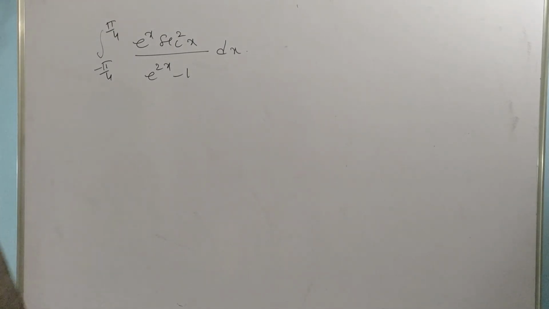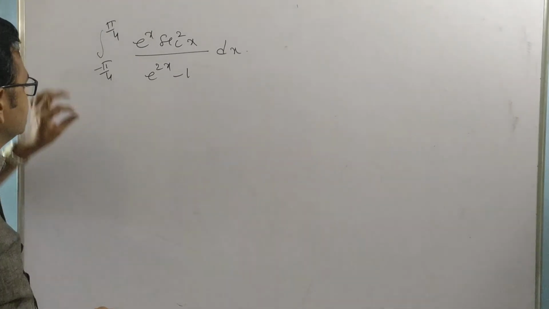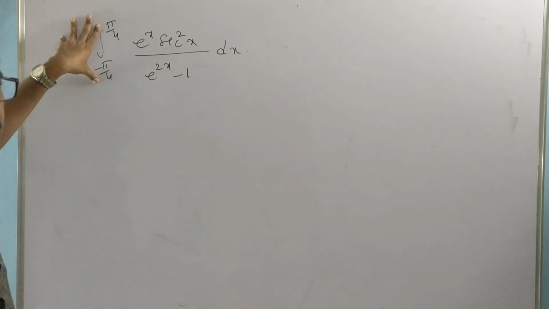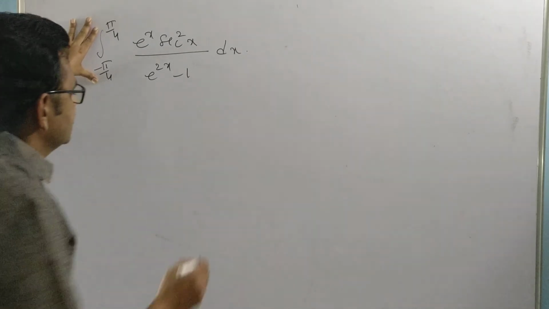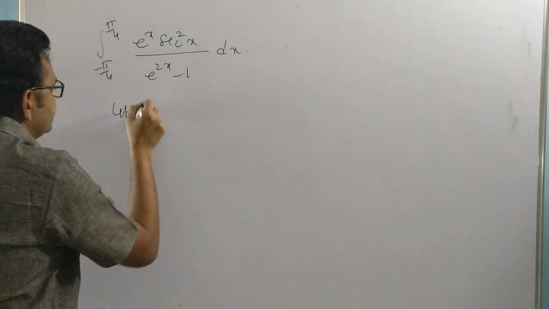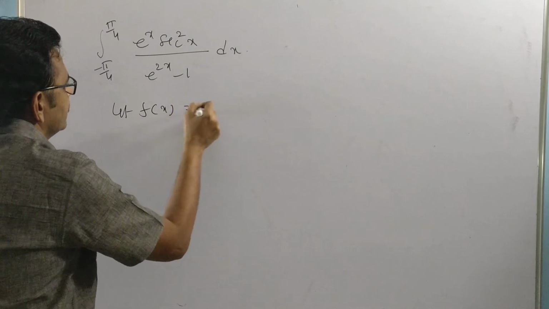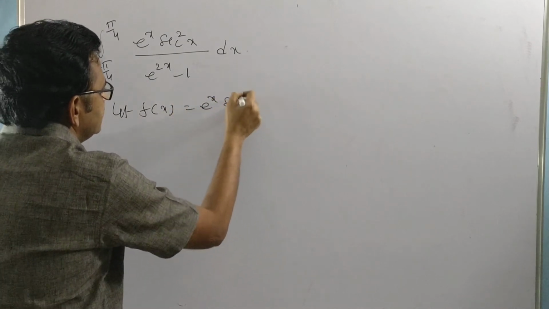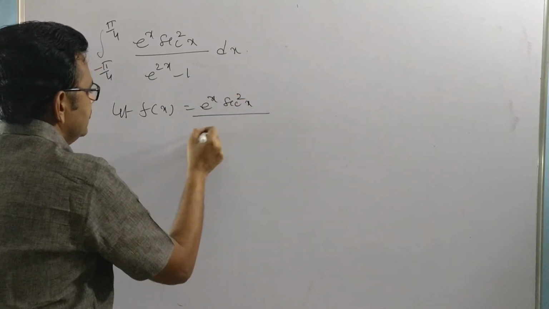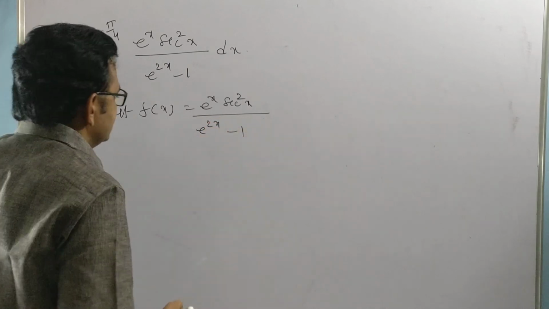So you have to check whether the function is an even function or an odd function, because it is in the form of the integral from minus a to a of f of x dx. Okay? Let f of x be equal to e power x into secant square x by e power 2x minus 1.